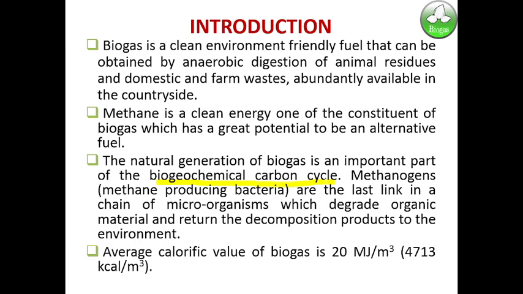Because methane is the major part of the biogas, it has a high calorific value. The other gases, carbon dioxide, nitrogen, and hydrogen, are found in very low quantities. So methane is the major content. You have to remember that the percentage of methane is 40 to 70. Biogas is of high quality when up to 70% methane is present.